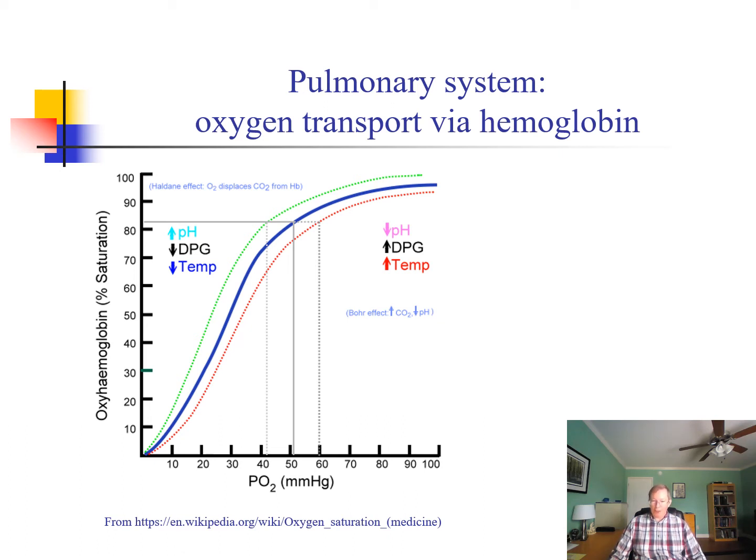The other thing that you should remember, and this is very important, is a small molecule called 2,3-DPG or 2,3-BPG. It goes by both names. It's a small molecule that when bound to hemoglobin will facilitate the curve shifting to the right. In other words, making it easier to offload oxygen. And in fact, this is one of the ways that we deal with changes in altitude.